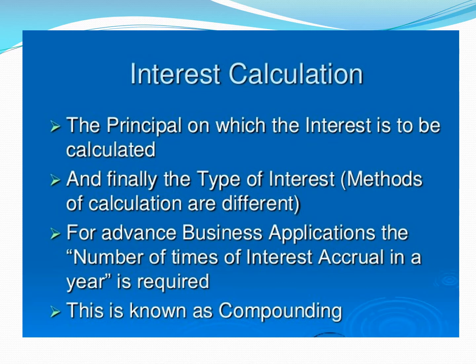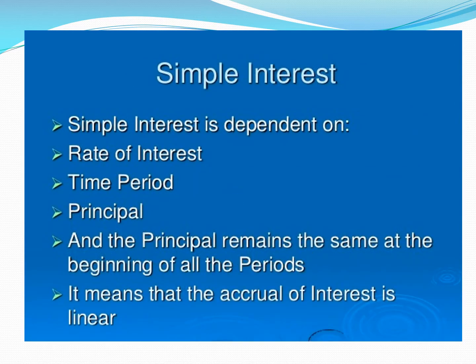This is known as compounding. First one is simple interest. Simple interest is dependent on rate of interest, time period, principal, and the principal remains the same at the beginning of all the periods. It means that the accrual of interest is linear.